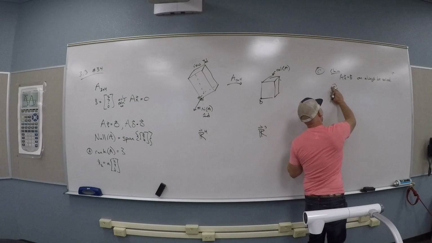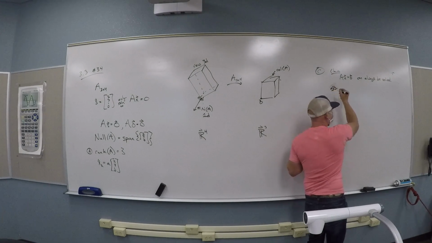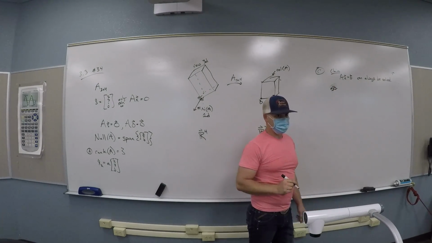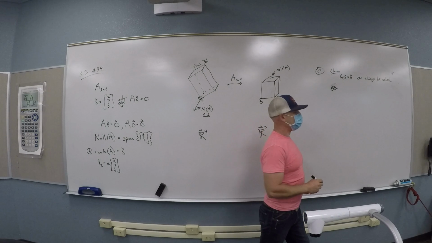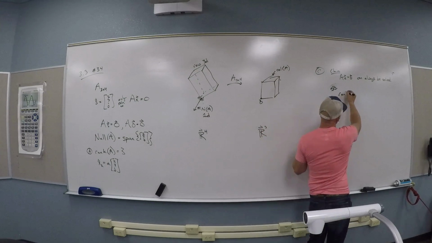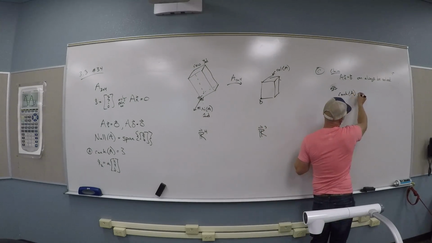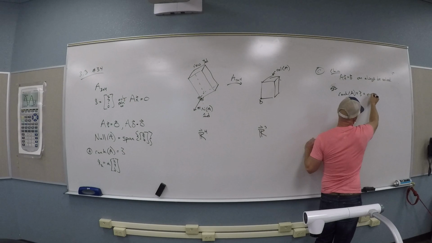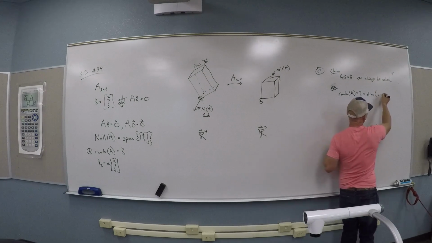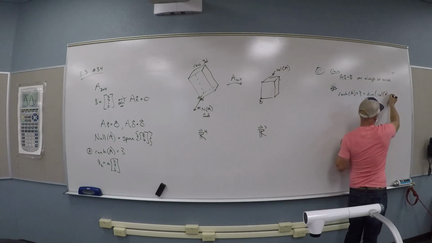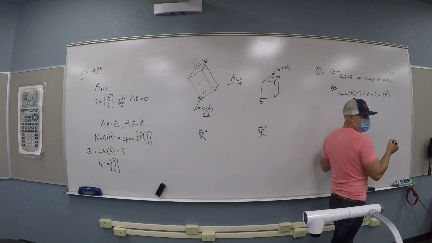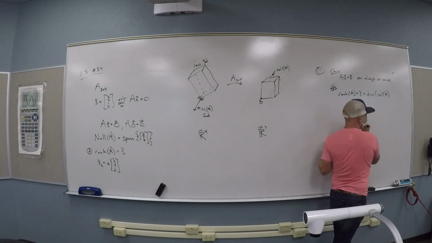We call it an argument because it's not really quite a proof, right? My argument is that the rank of A is 3, and that's the dimension of the column space. And the column space is the range.